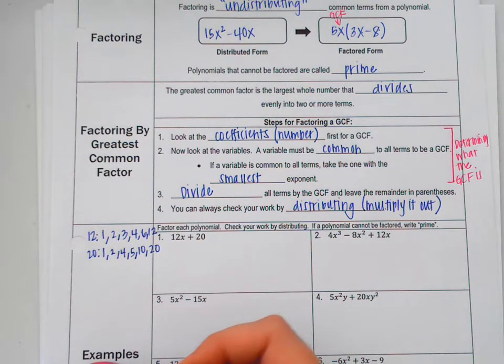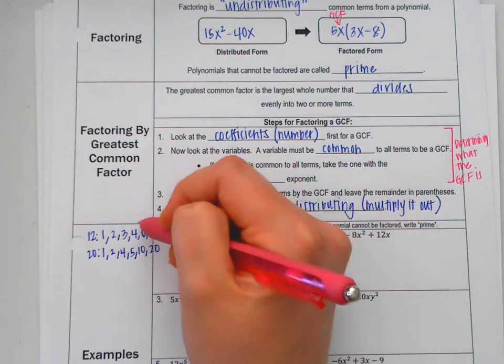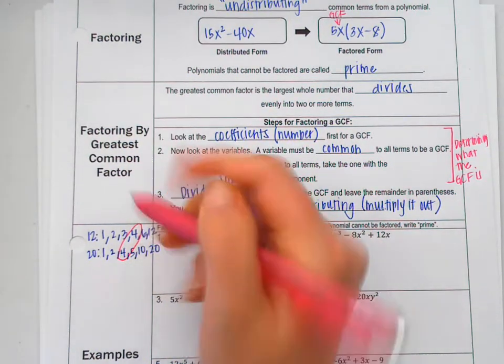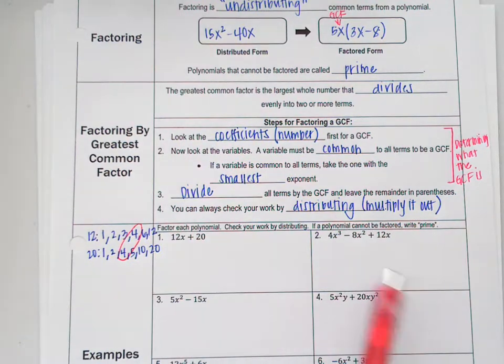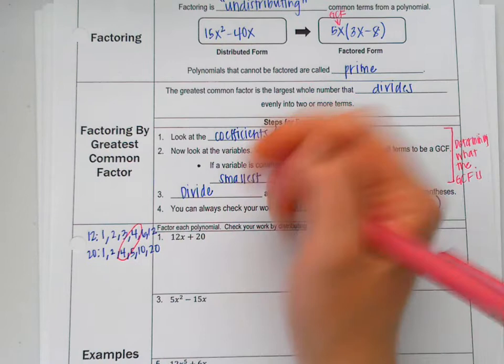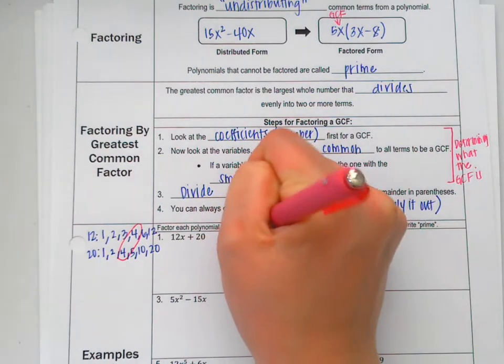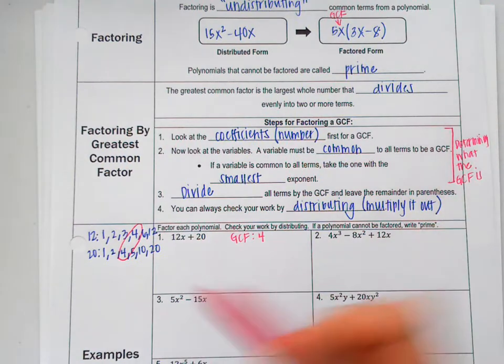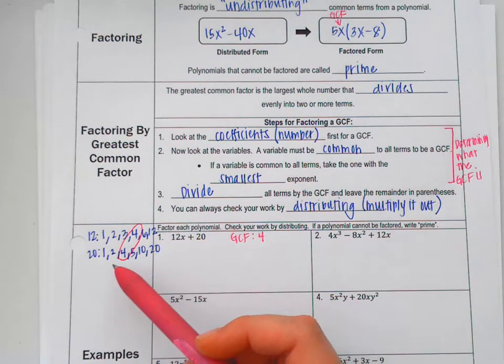So the biggest number that they have in common here is that 4. So when I look at the coefficients, my GCF right now to start with is 4.